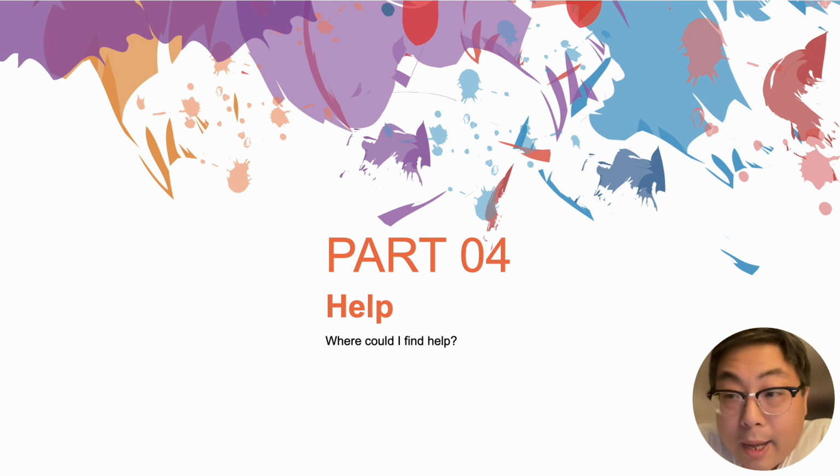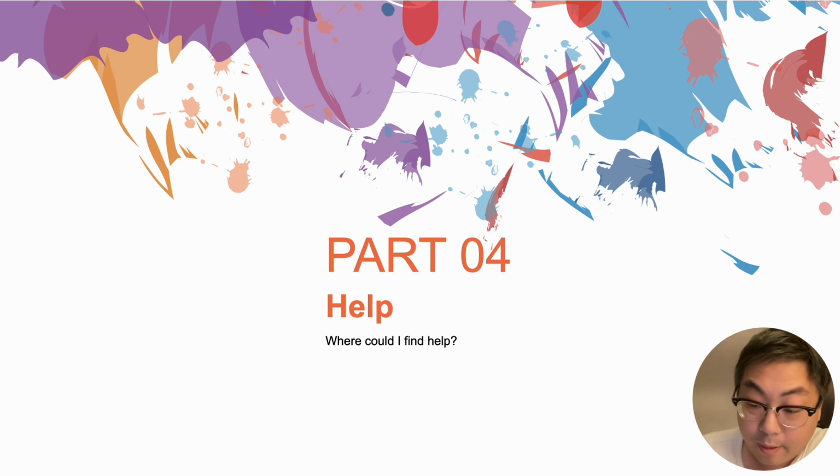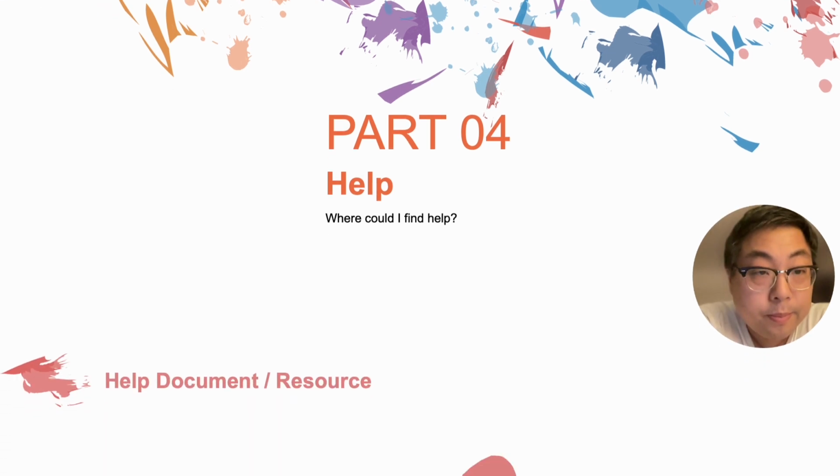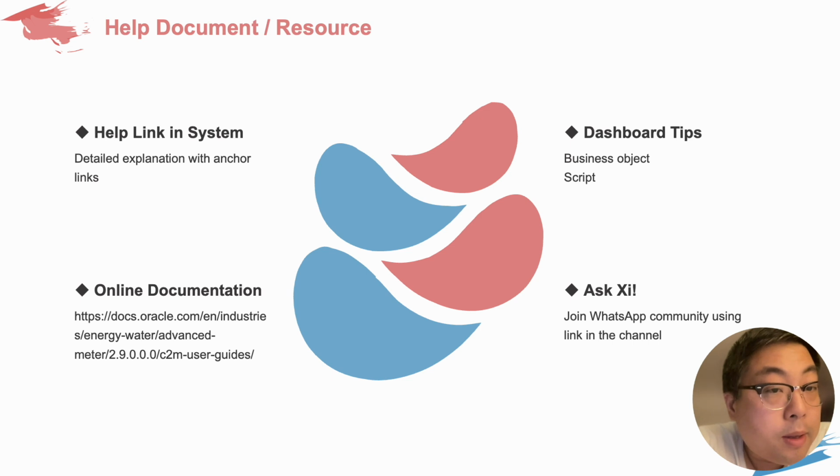Okay, so last bit, help. Where can you find help? First one is in the system there is a help button, and I don't know if you have seen that before. And this is the first place I will go.